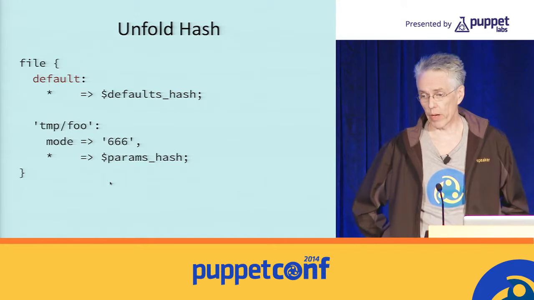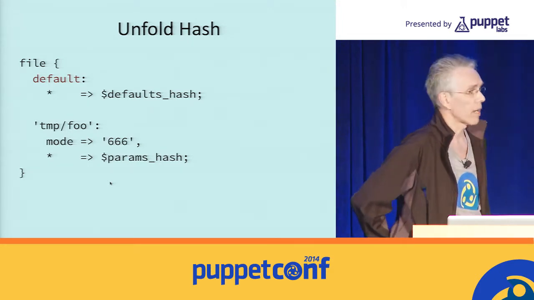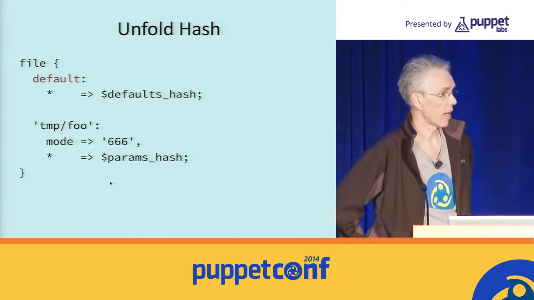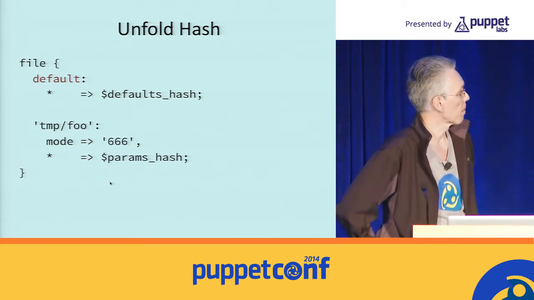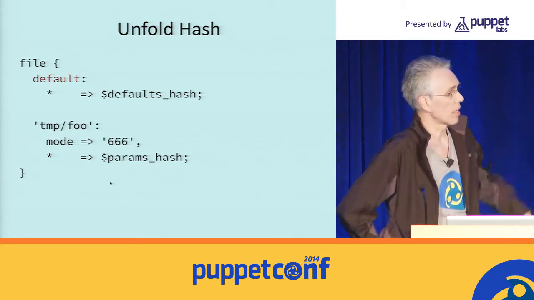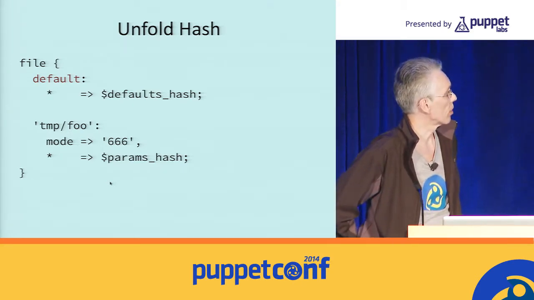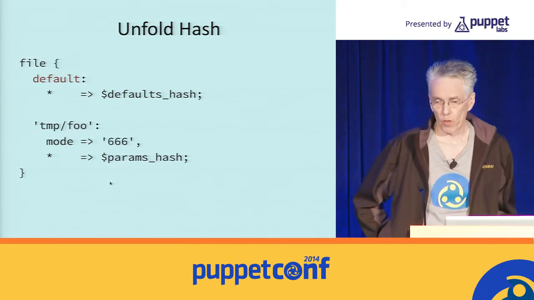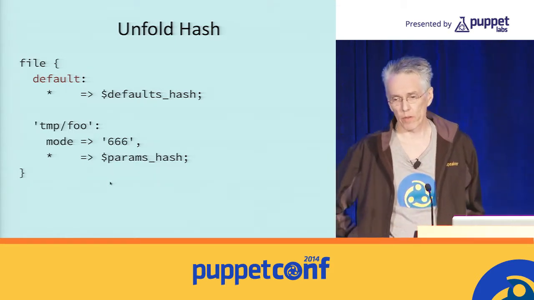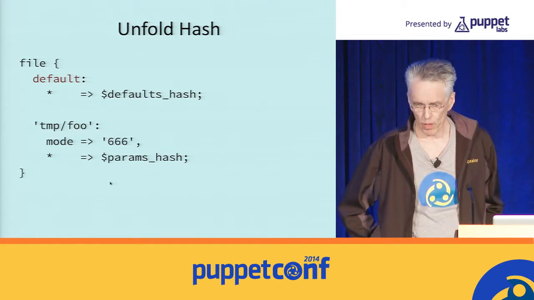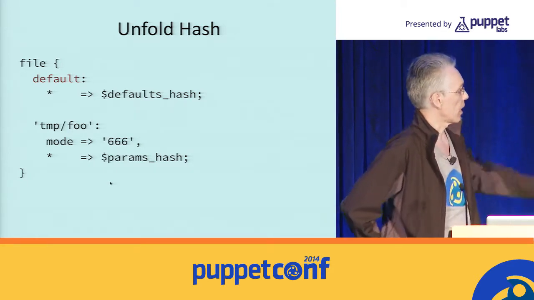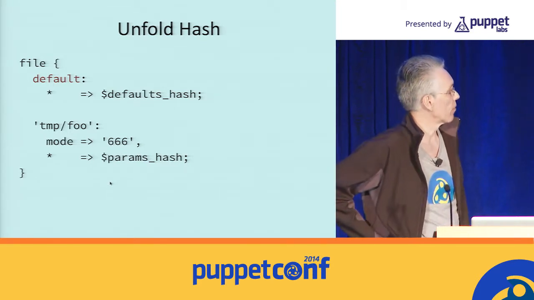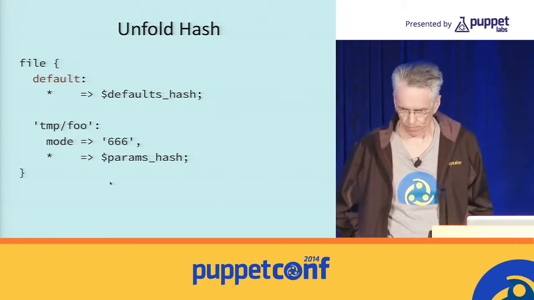It picks whatever is on the right side, which has to be a hash, where the keys are attribute names and the values are the values you want to set. So now you can set up a default hash, and then you can have that applied for the other bodies inside of this resource expression. And you can also mix it in with explicit parameters, and then fold in the values from a hash.